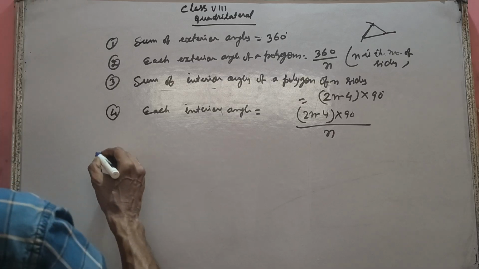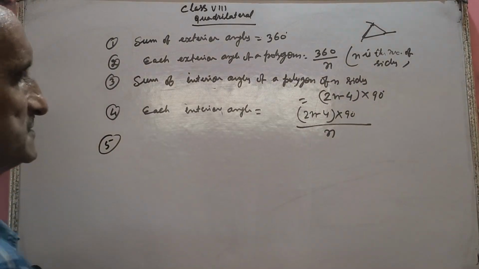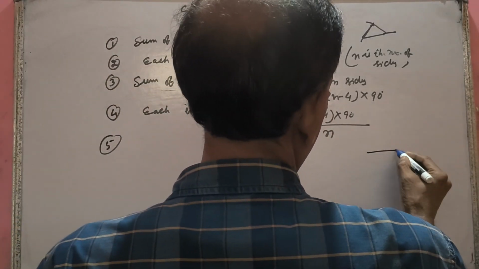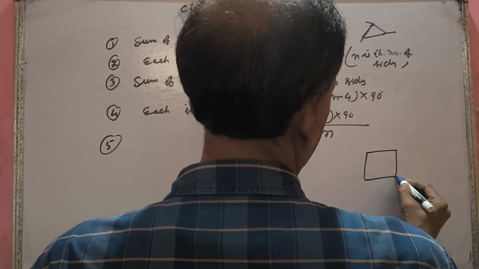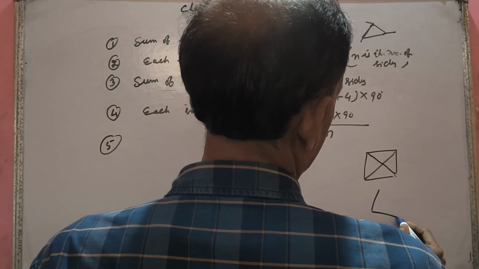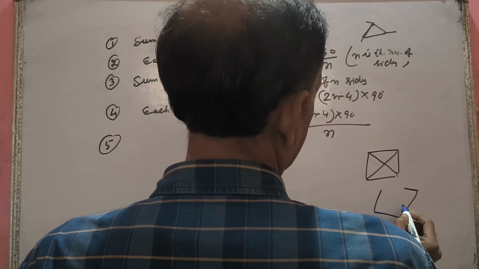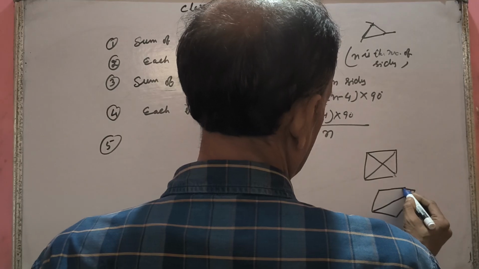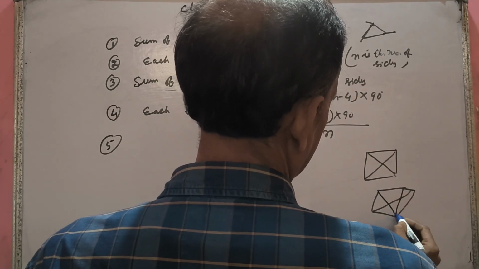Now, number 5 is a very important formula. Sometimes the question asks how many diagonals there are in a polygon. In the case of a quadrilateral, it is easy: you can draw it and you will get 2 diagonals. In the case of a pentagon, it is not always easy, because a diagonal joins opposite vertices, and you need to draw so many diagrams.